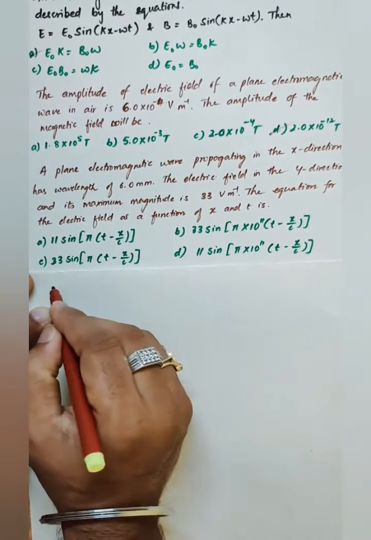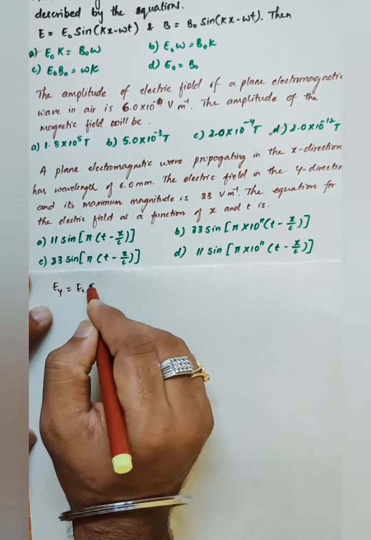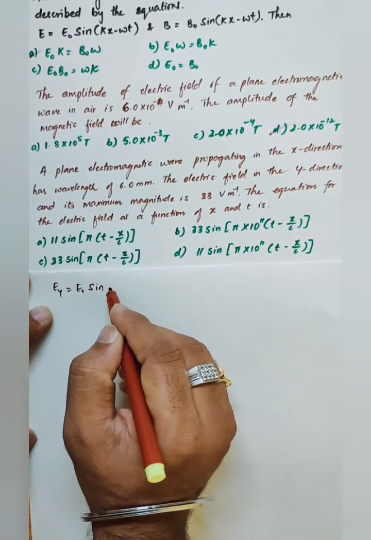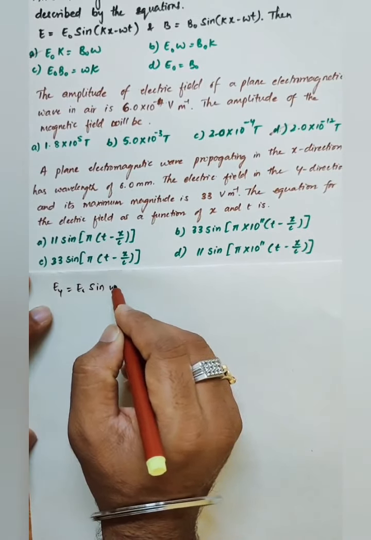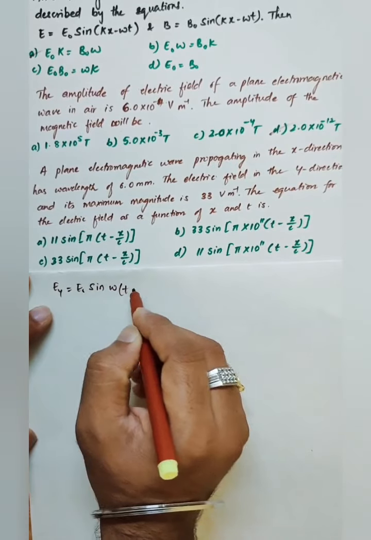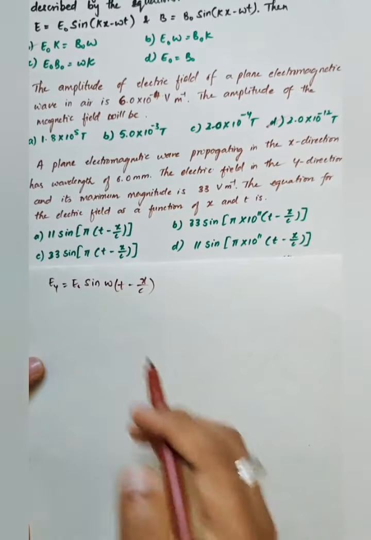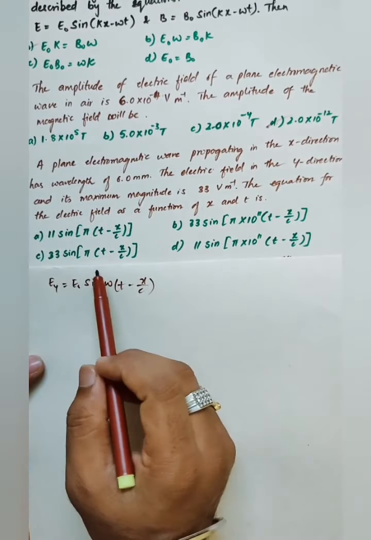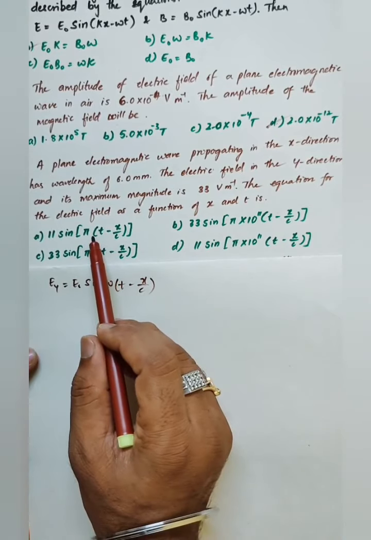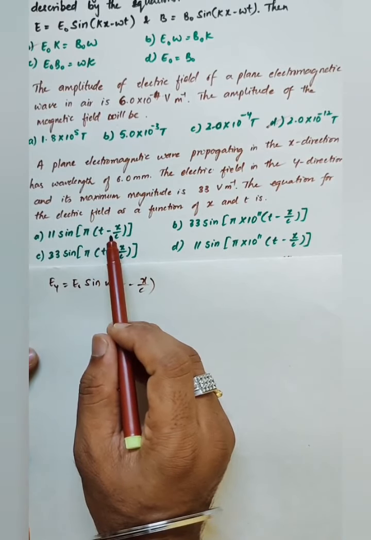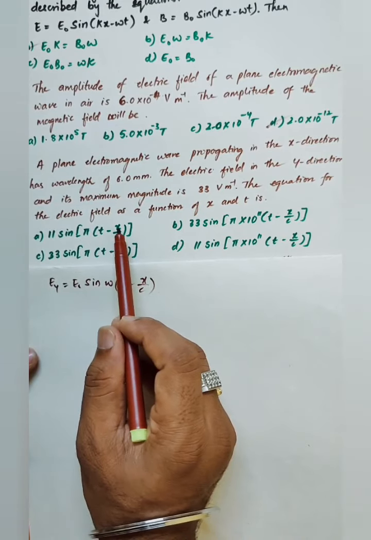That is basically Ey is equal to E naught sine omega into (t minus x by c). In synopsis we have discussed this. How did this come? Look at the given options. They have given omega t and x by c.